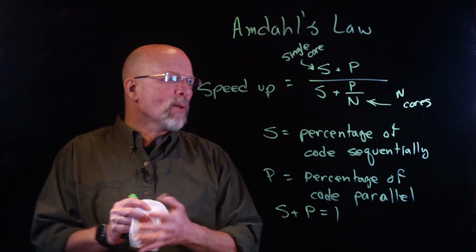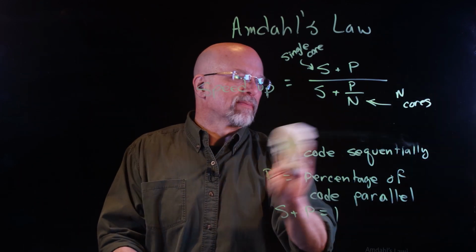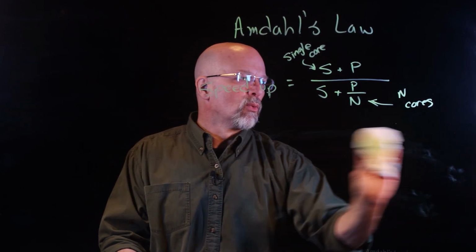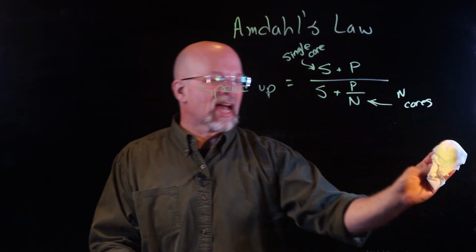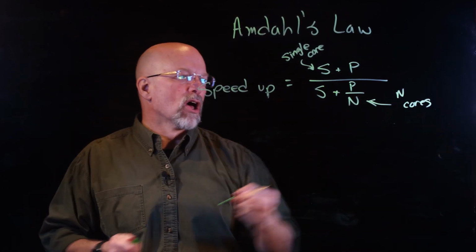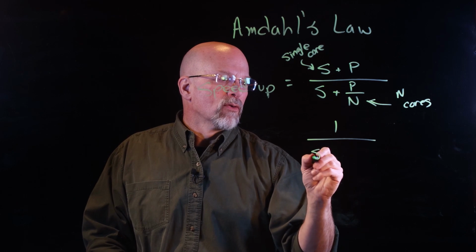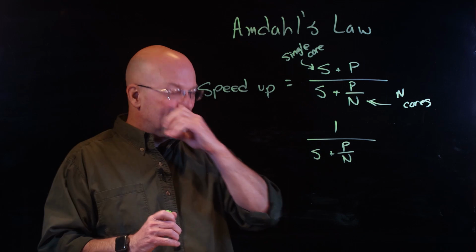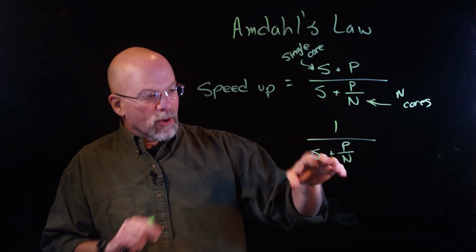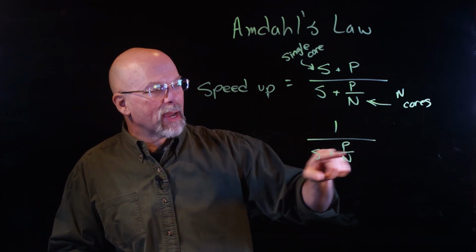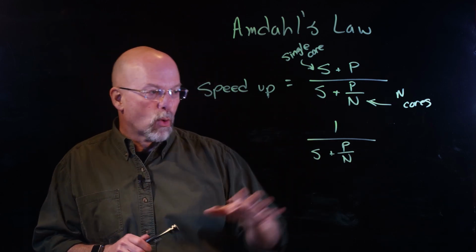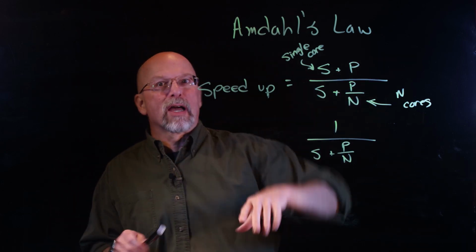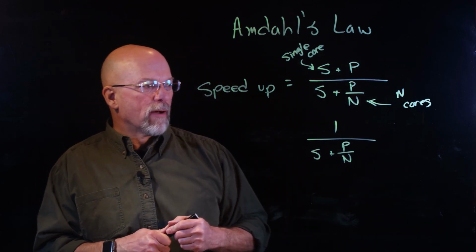Now, if we substitute the 1 for S plus P, we get the ratio that defines Amdahl's Law: 1 over S plus P over N. There are ways to simplify this even more, for example by substituting 1 minus S for P, but I think this ratio shows enough about what I'm trying to bring across with Amdahl's Law.